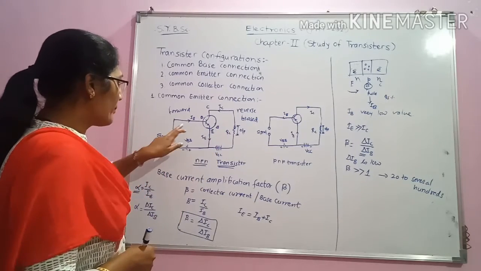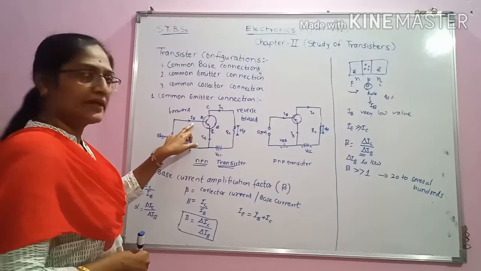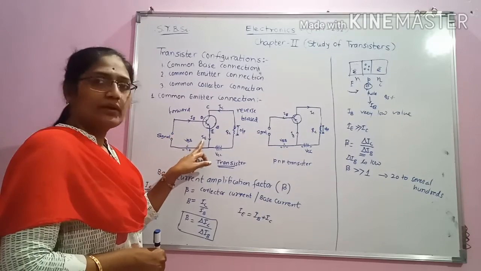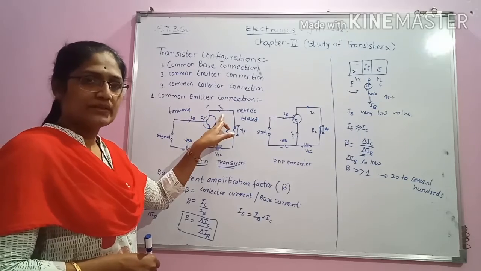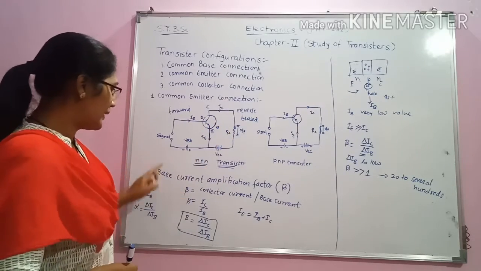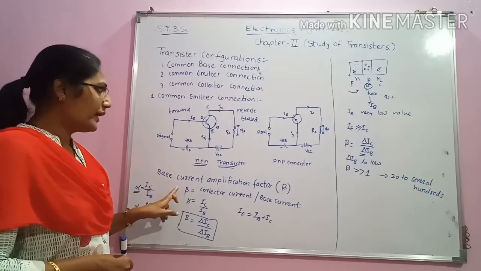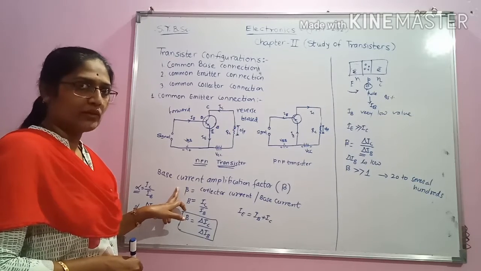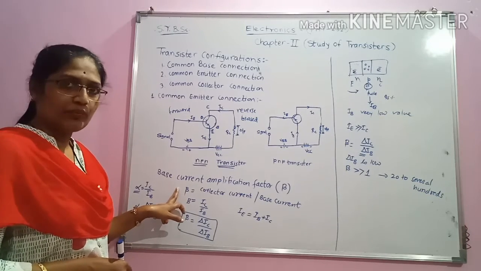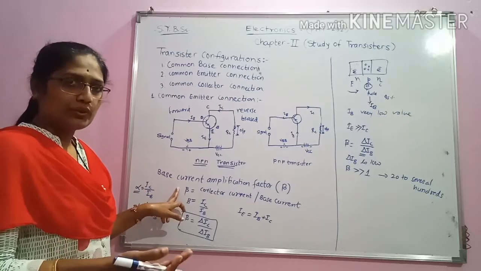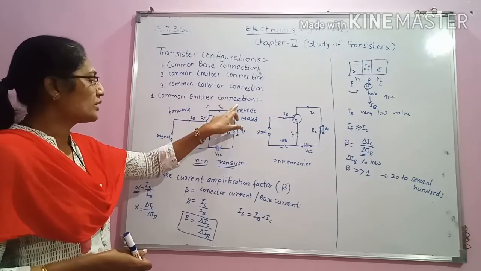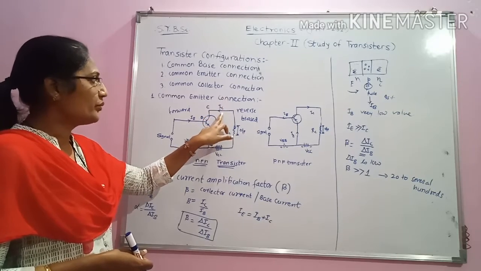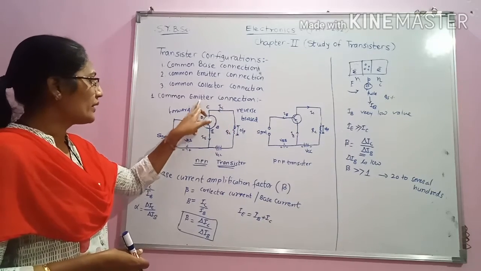Base current is represented by IB, emitter current by IE, and collector current by IC. The gain of the amplifier is the ratio of output current to input current. Here, output current is IC and input current is IB.